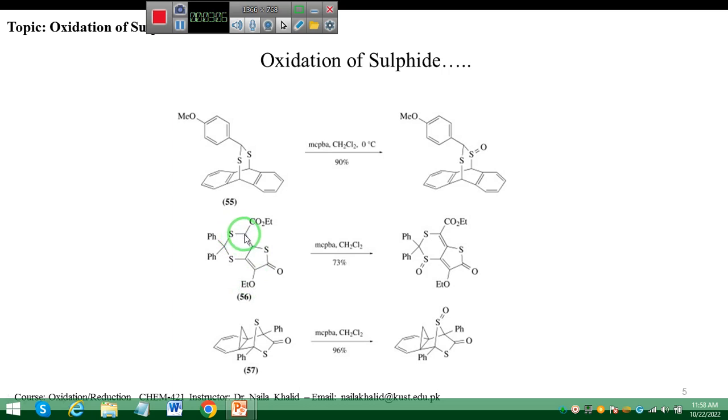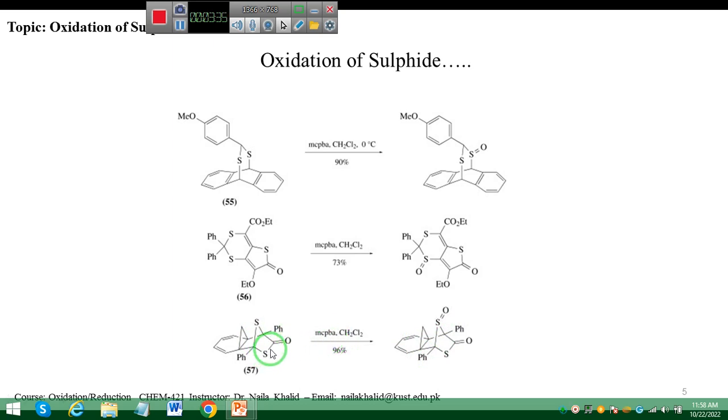The sulfur which is near an electron withdrawing group is not easily oxidized. Only that sulfur which is near an electron donating group is easily oxidized and gives you this type of product. Similarly, in this case, 96% sulfoxide is obtained by the action of metachloroperbenzoic acid.